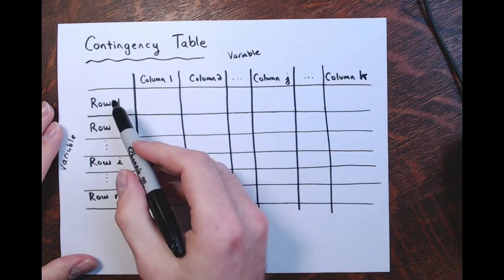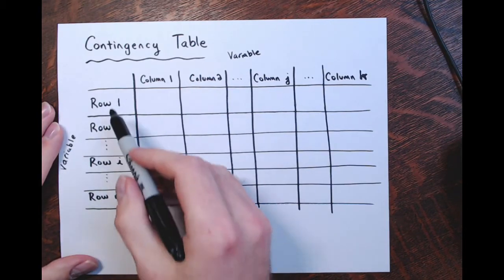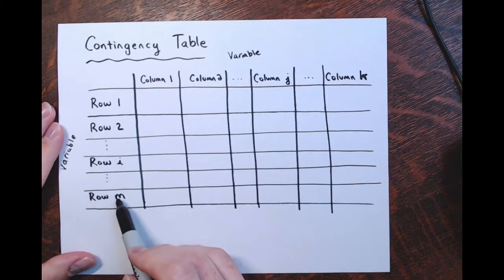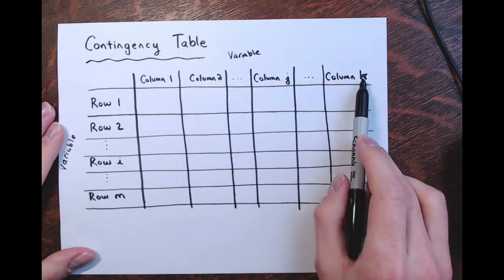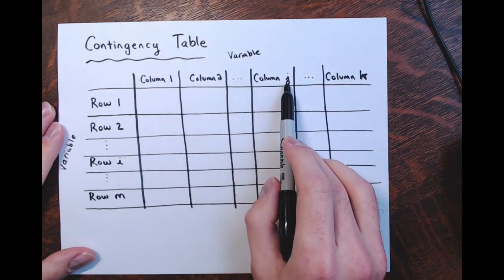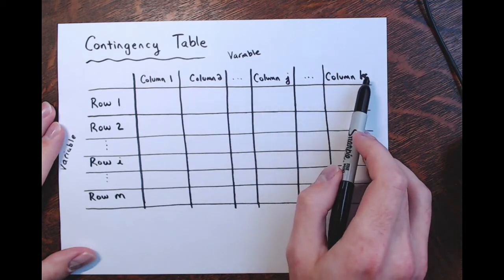Say I have m rows: row 1, row 2, row I, all the way down to row m. And say I have k columns: column 1, column 2, column 3, up to column j, and then after that to column k.